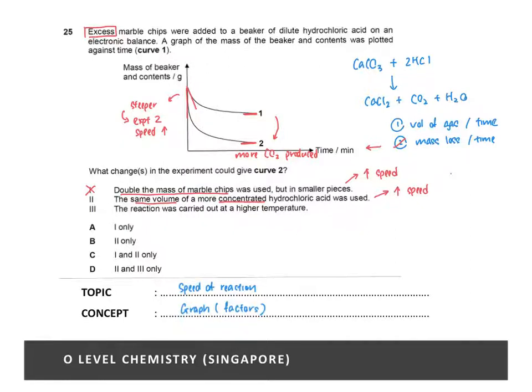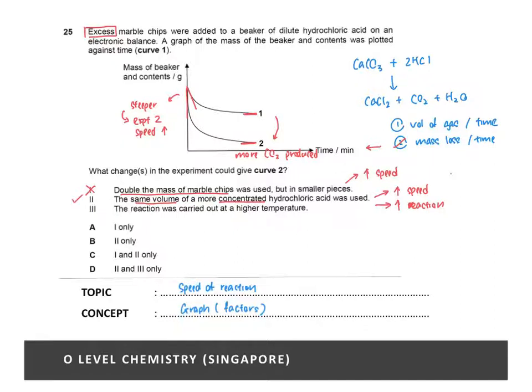If you were to compute the number of moles, you will find that the number of moles of hydrochloric acid will be larger as well. And since hydrochloric acid is the limiting reagent, there will be increased reaction as well. Meaning there will be more CO2 produced, there will be a greater extent in the mass loss.